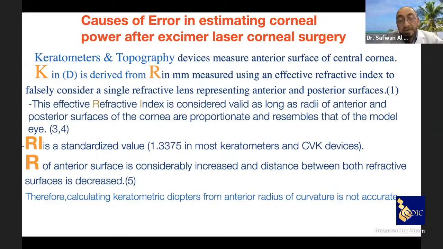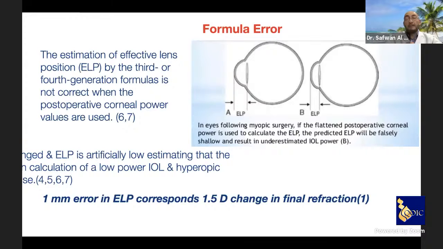After surgery, the radius of the anterior surface is considerably increased, and the distance between both refractive surfaces is decreased. Therefore, calculating keratometric diopters from the anterior radii of curvature is not accurate. Now, in the formula, estimation of effective lens position by the third or fourth generation formulas is not correct when the postoperative corneal power values are used.